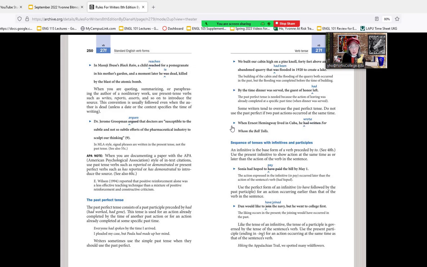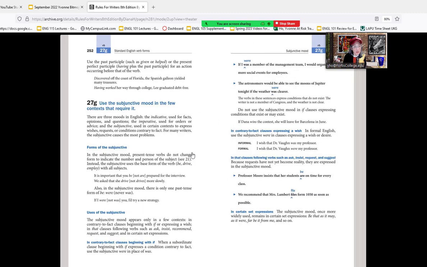Like the tense of an infinitive, the tense of a participle is governed by the tense of the sentence's verb. Use the present participle, -ing, for an action occurring at the same time as that of the sentence verb. Hiking the Appalachian Trail, we spotted many wildflowers.